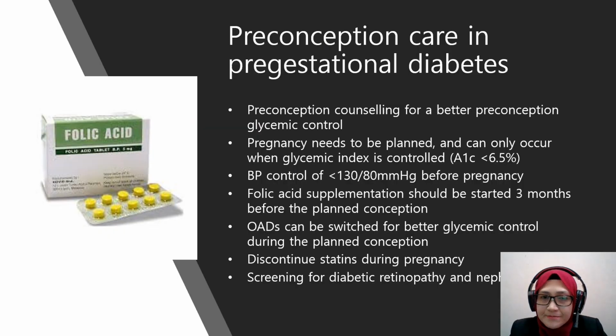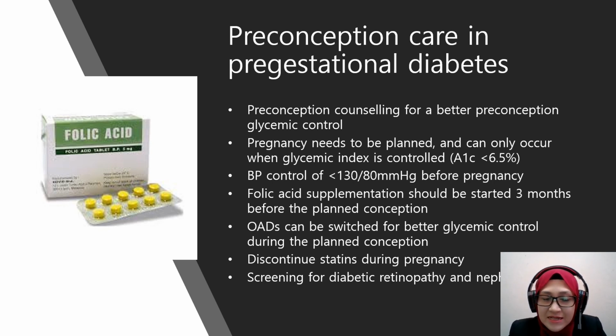Okay. So preconception care and pre-gestational diabetes. If your patient already has diabetes before pregnancy, and she plans to have a pregnancy, you have to counsel them to control the blood glucose very well.